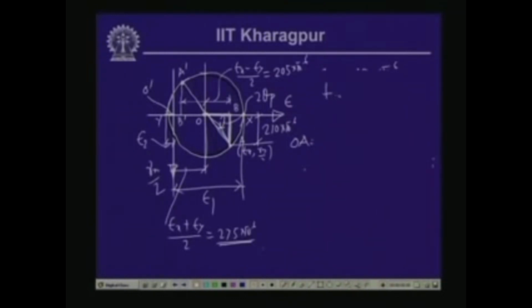Tan of 2 theta p is equal to this divided by this, which is 210 divided by 205, and thereby 2 theta p comes to 45.7 degrees, and theta p thereby comes to 22.85 degrees. So, this is the orientation along which the principal strain acts.